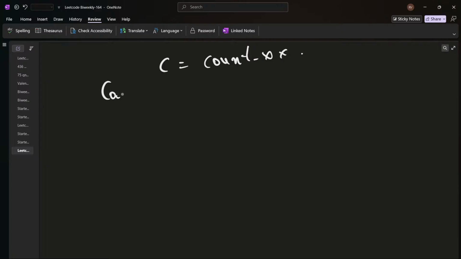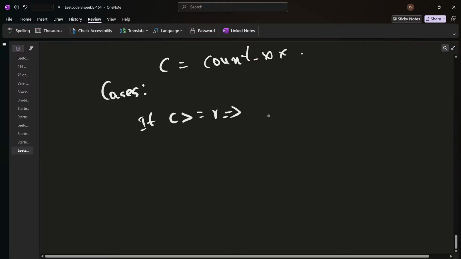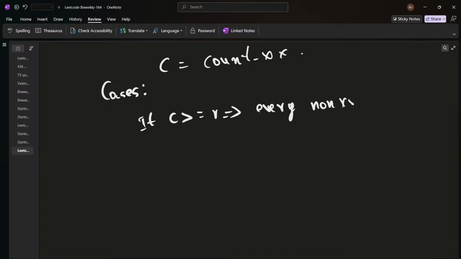Now what are the cases we have? We'll get some cases here. If we have C greater than or equal to R, then every non-X card pairs.